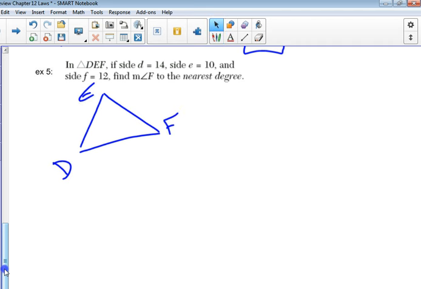Are these good at like sides and angles are across from each other? Take a second and make sure you guys are okay with where you plug things in. And you can't do both, and you don't have x.